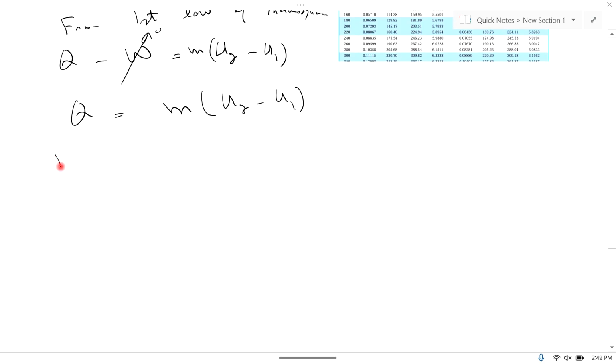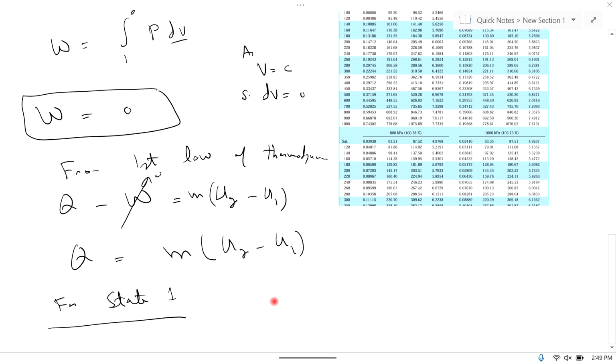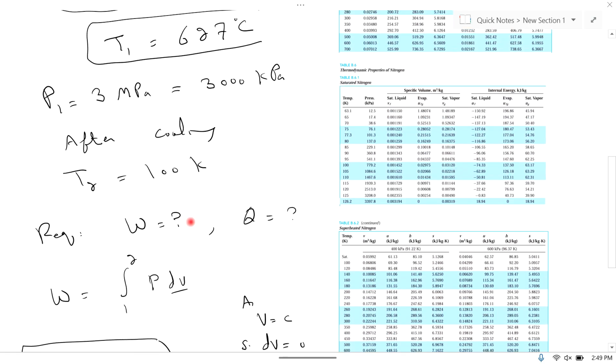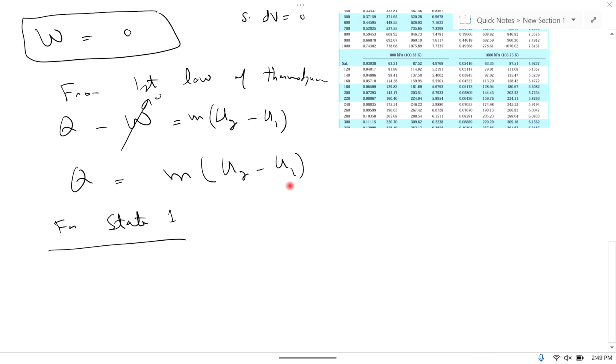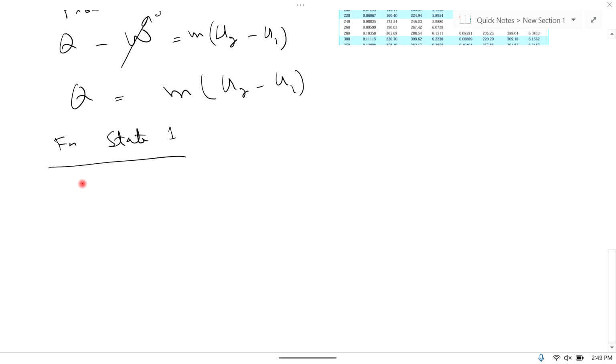So for state 1, there are two states, initial state and final state. So from state 1 we can find u1, v1 and mass. Initially temperature is given to us and pressure is given to us. So first we check whether it is in the mixed region or in the superheated region.